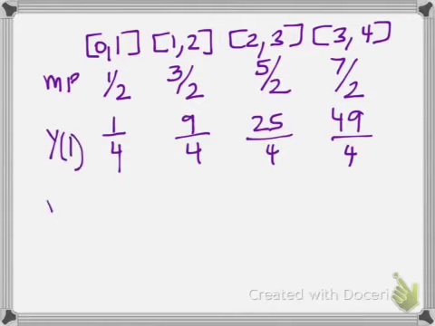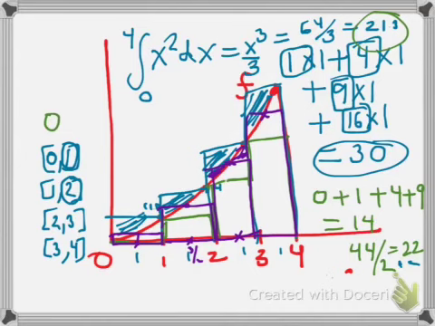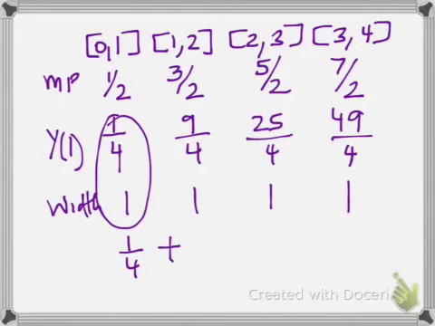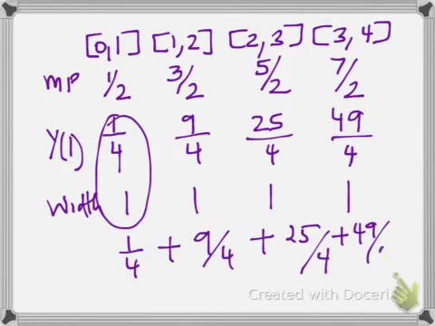The width in all these cases is still 1. The width of the rectangle, if you go back, the width is still 1 in all these cases. So the width is still 1, 1, 1, 1. So what's the area? Area is just length times width. So 1/4 plus 9/4 for the second rectangle plus 25/4 plus 49/4.